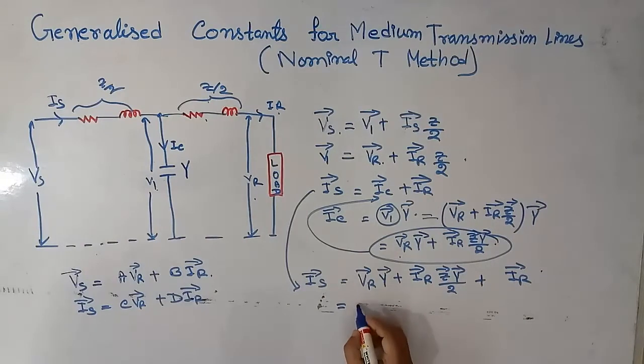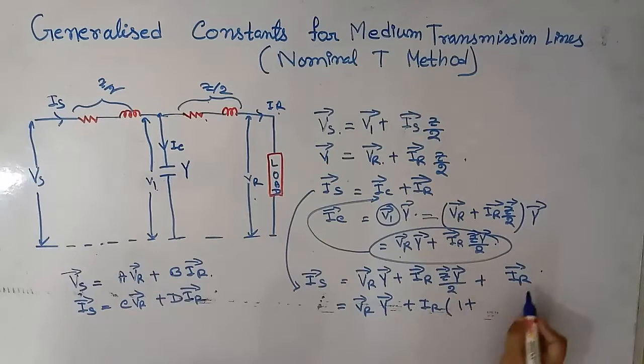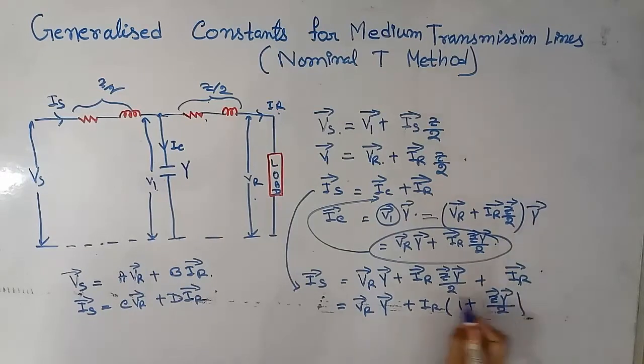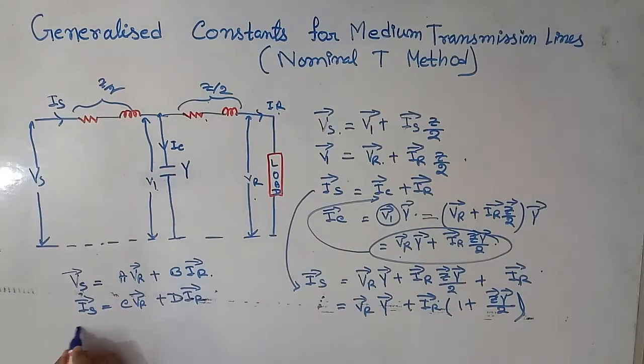So if we take Ir common, then it is 1 plus ZY by 2. Okay, so I just write down here the expression of Is.